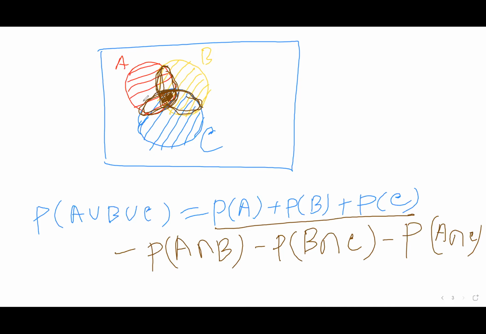Now we need to add this part. This is the intersection of all three, because in this region we have all three colors. So you need to add it again: the probability of A intersection B intersection C. That's why we have this formula.